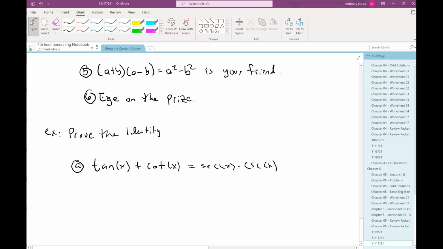So let's say we have tangent x plus cotangent x equals secant x times cosecant x.